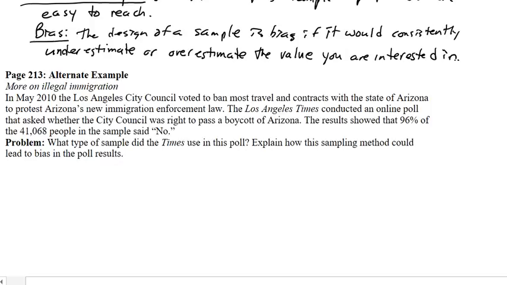Well, it was an online poll, so this was a voluntary response sample. Okay. And how could this method lead to bias in the result?